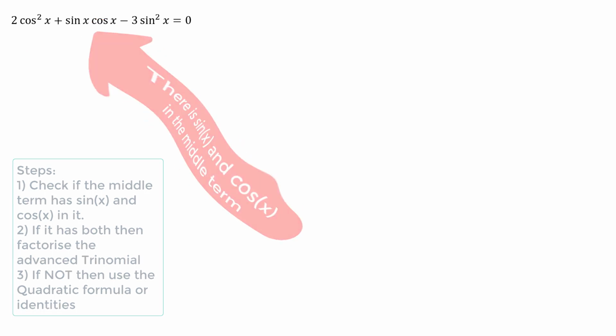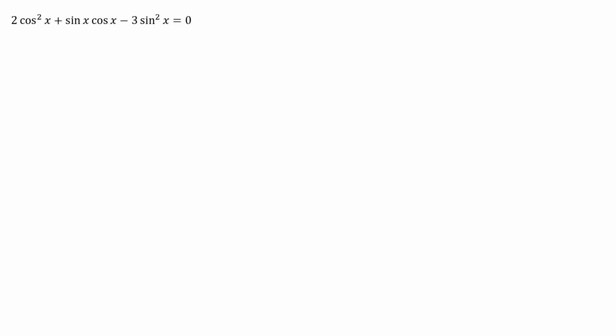And so we would have to factorize it as if we had something along the lines of x squared plus xy plus y squared equals 0, where we would get two brackets like that, and it would be something like x plus y, x plus y. So that's the kind of idea that we're going with in a question like this.